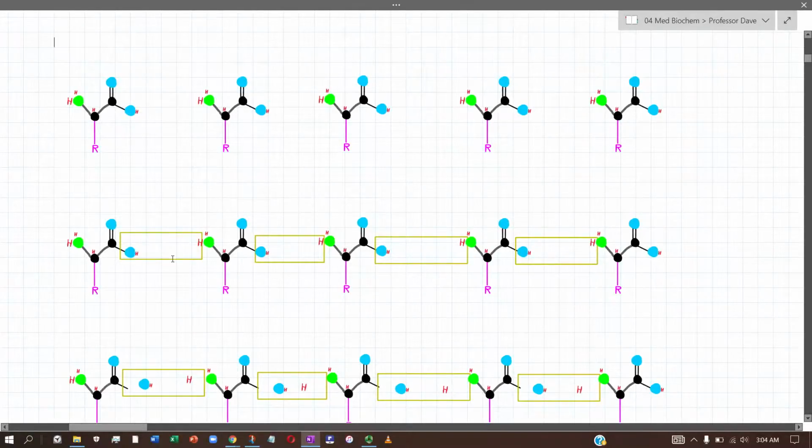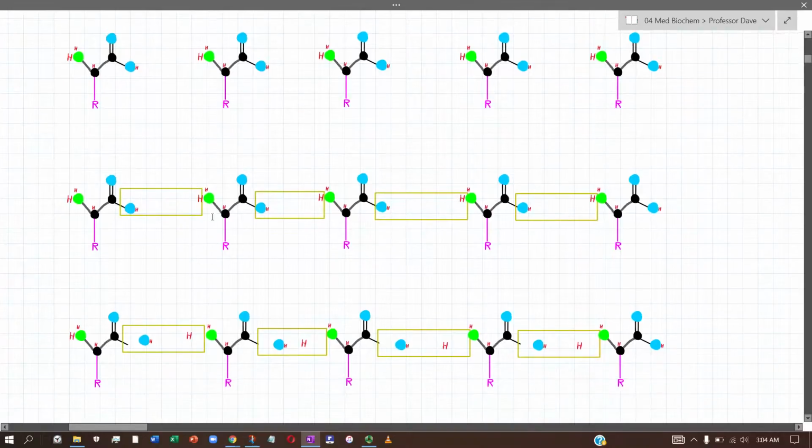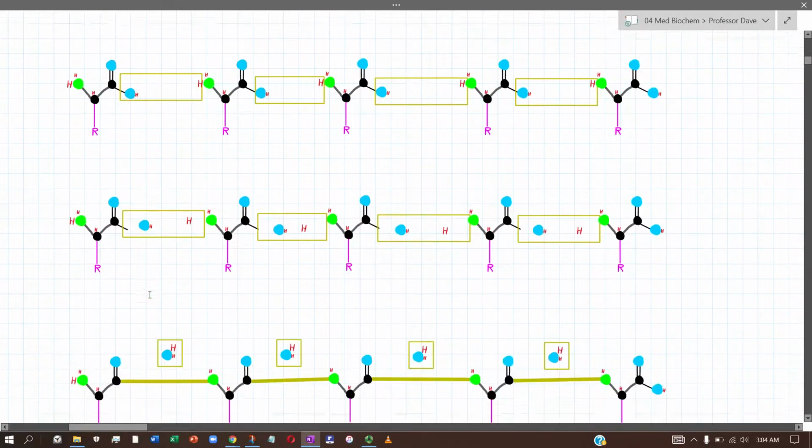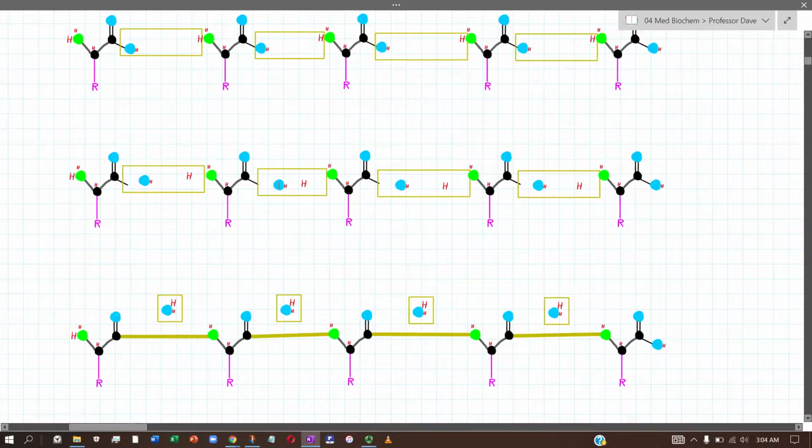So here in this yellow box, I've highlighted this oxygen atom. Sorry, yeah, this oxygen. And then those two, and a lot of this will be conceptual. This is not the actual chemistry. This is just for the sake of highlighting what's going on.